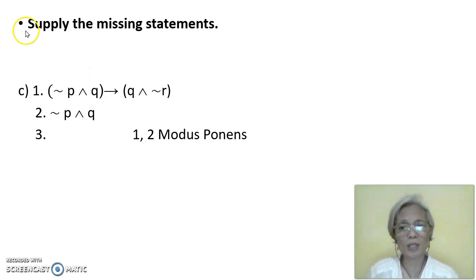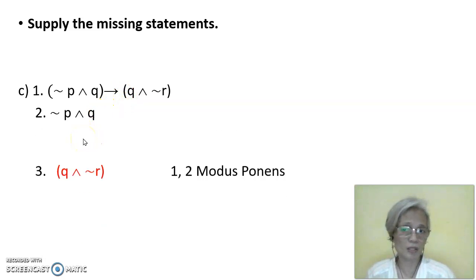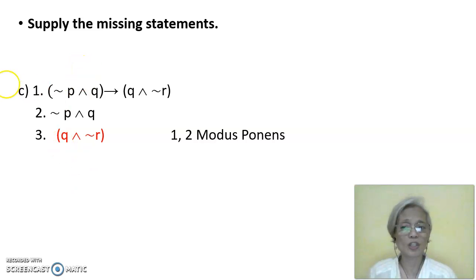In our particular example, this whole thing is our P and this whole thing is our Q, such that P implies Q and we have P, and of course we know that Q exists, such that the answer is Q and not R. Again, this is P implies Q. We have P, therefore Q as the answer.